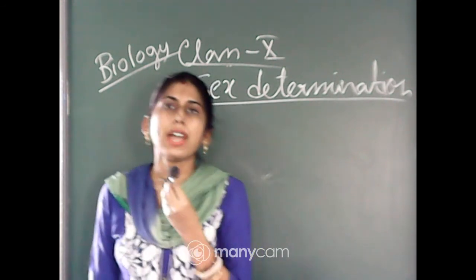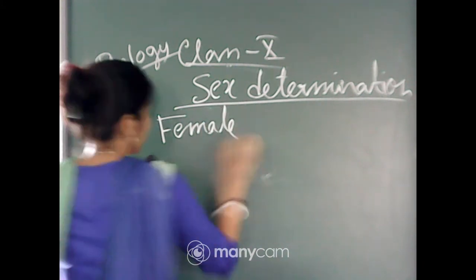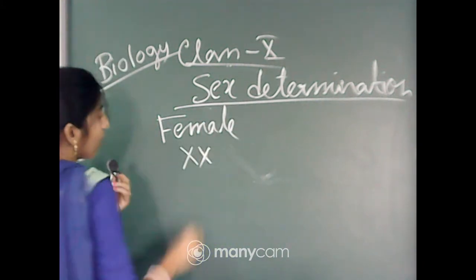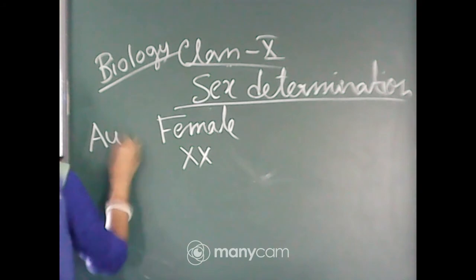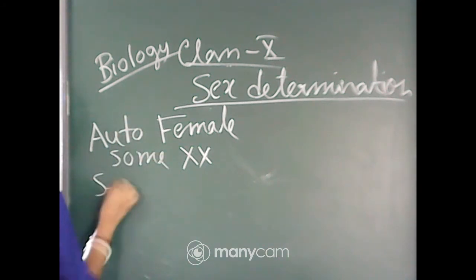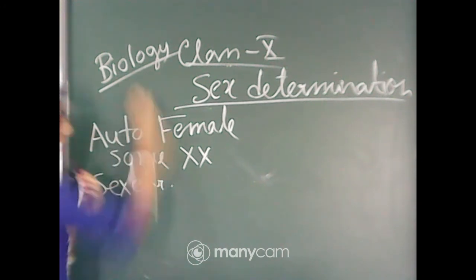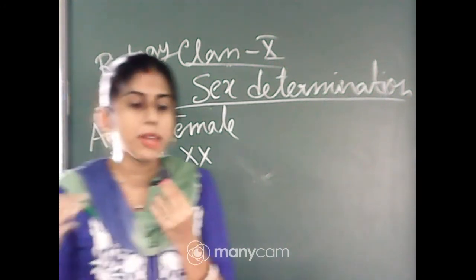In our body, two types of chromosomes are present. What are they? Autosomes and allosomes, or sex chromosomes. In any organism the chromosome number is fixed.